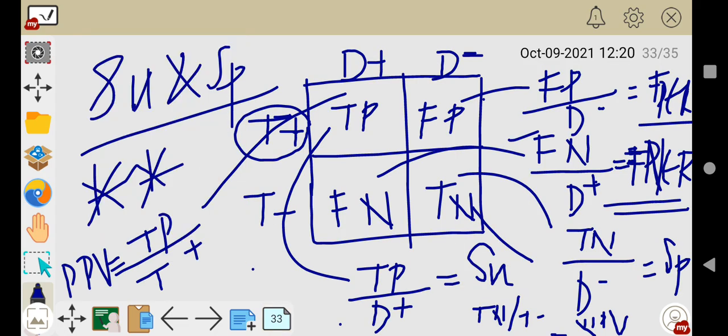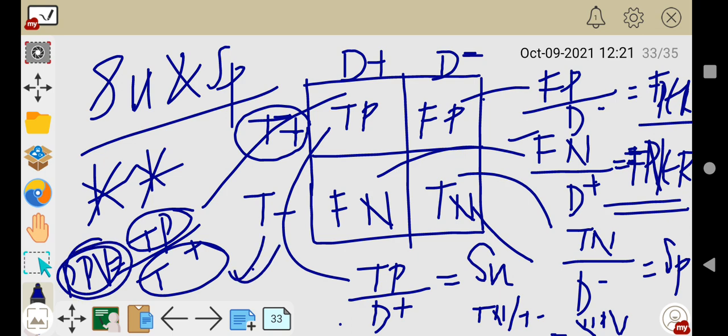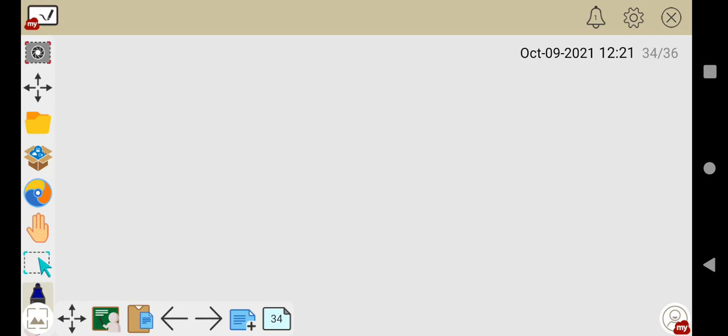Chance of having disease in test positive, what is this? Positive predictive value. This is how they ask. So this table is very important, correct? And you can even use it for solving biostatistic problems, which I will show you in later slides, right?